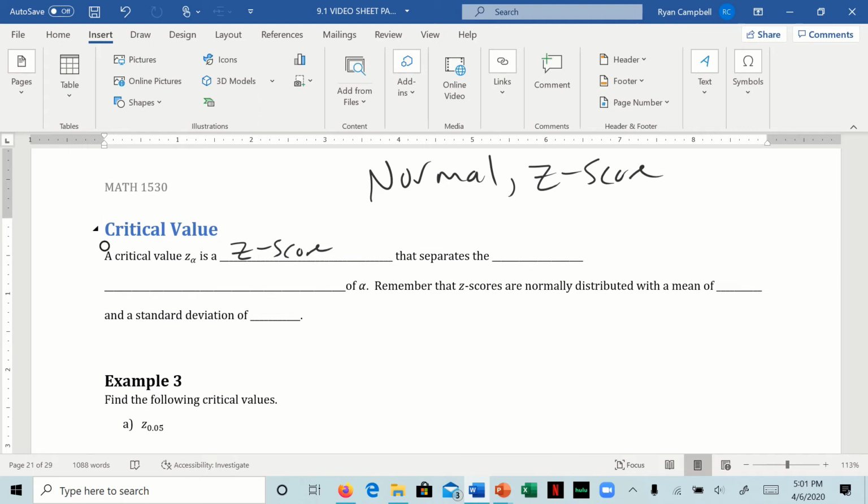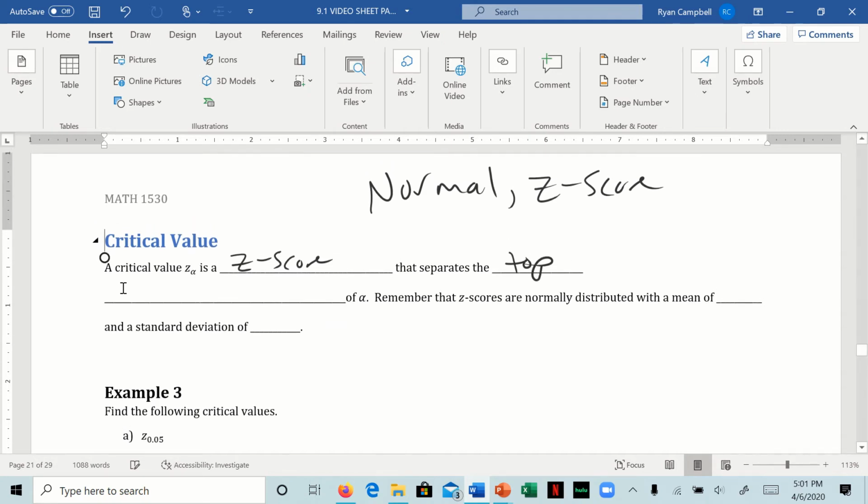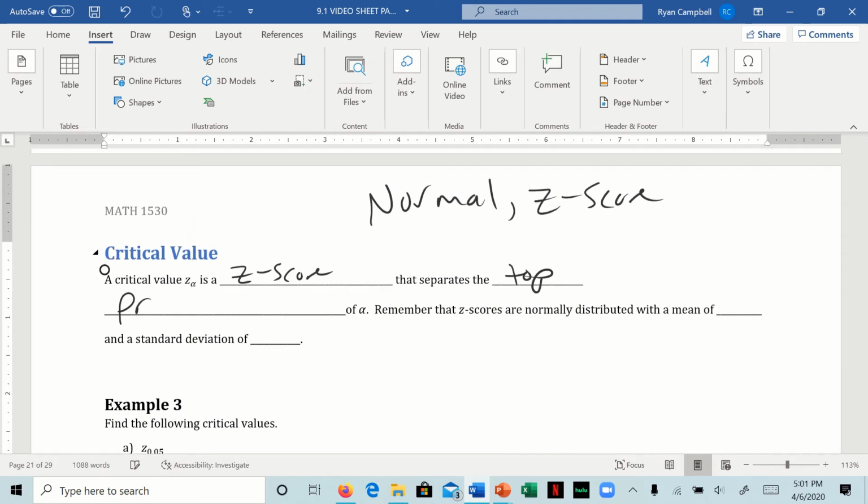This is just a z-score that separates the top probability of alpha. So alpha is a probability. Also remember that z-scores are normally distributed with a mean of 0 and a standard deviation of 1.